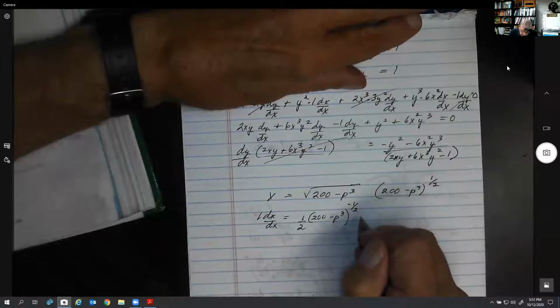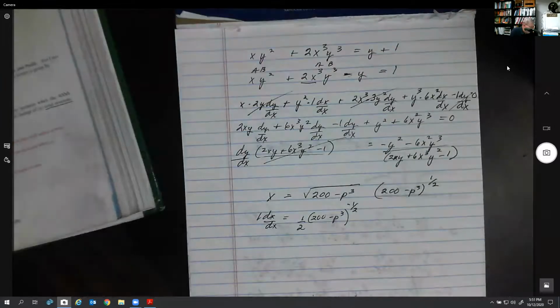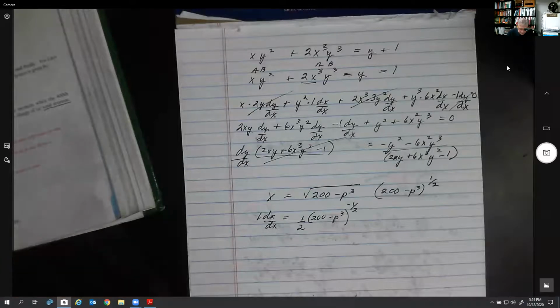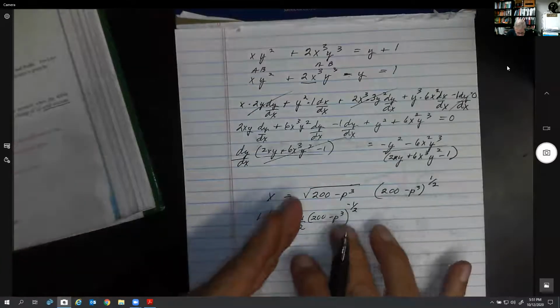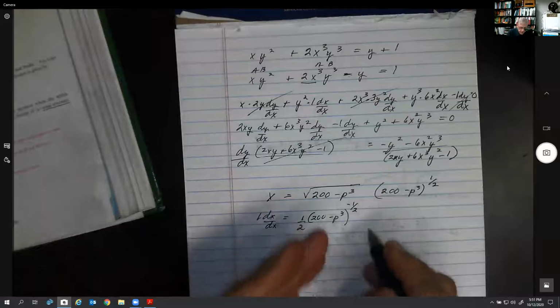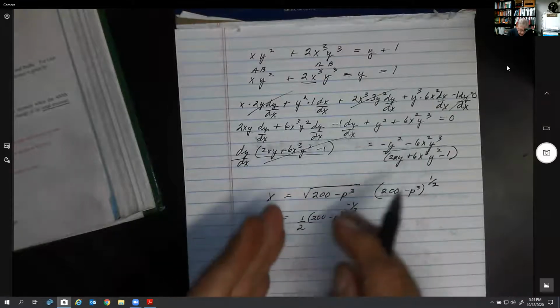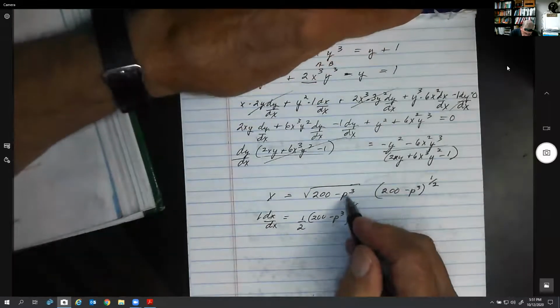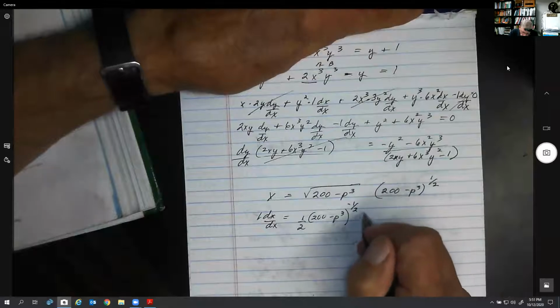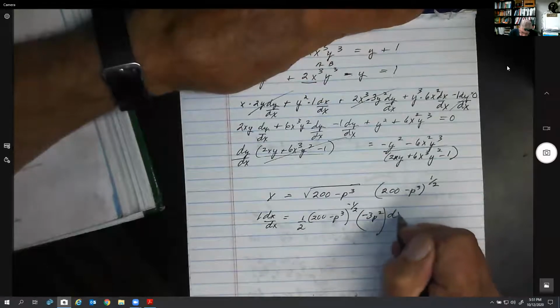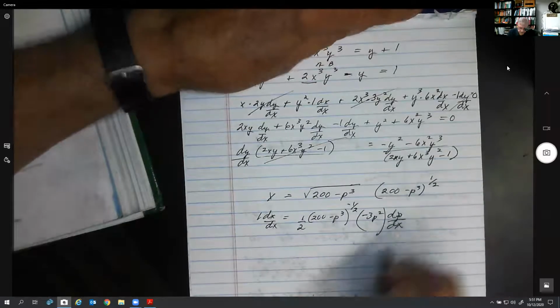And then, now, when I did this 200 minus p to the third, I'm not putting down dp over dx because I just used chain rule and haven't really taken the derivative of the p yet. So now I'm going to do the minus 3p squared dp dx.